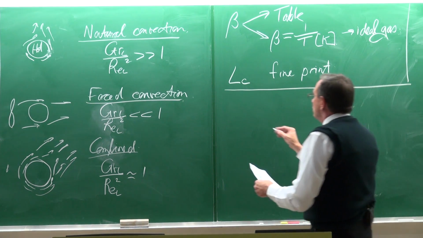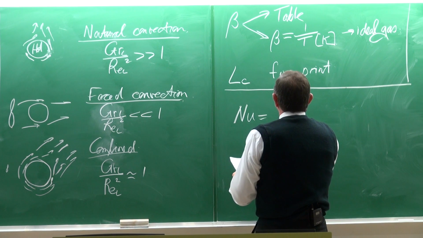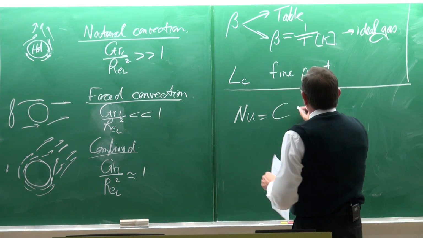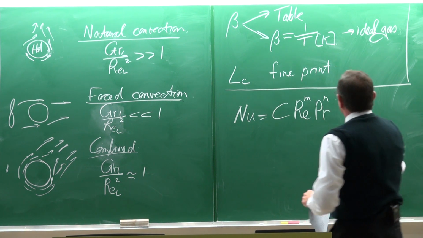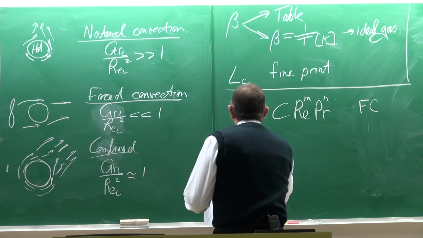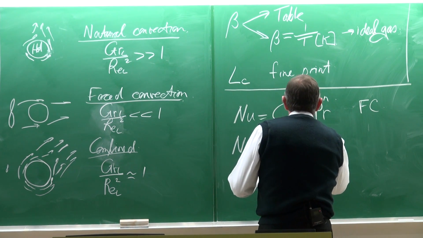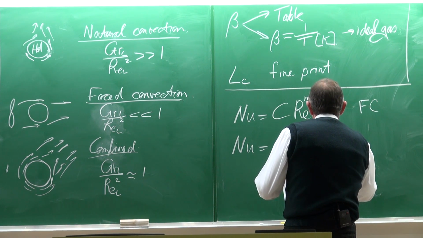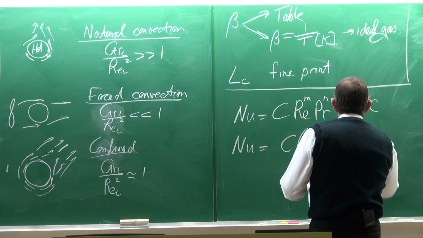Now in general, you have learned that Nusselt number can be written as a constant multiplied by Reynolds and Prandtl number, like that. And that was typically for forced convection problems. Now that we've got natural convection, the Nusselt number can be written as a constant and in most cases multiplied by the Grashof number multiplied by the Prandtl number to the n.